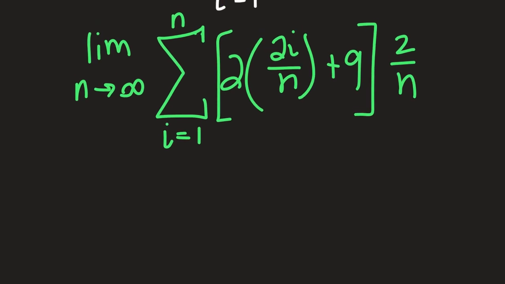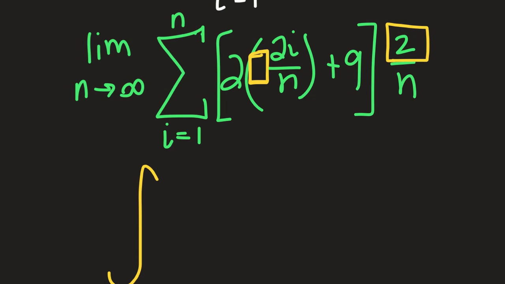This is your summation. So we need to write it as an integral. Okay, some things that we know. Our interval is 2 units long. You have a width of 2 units for your whole entire interval. So the question is, at what number does your interval start? To find that, you look for the thing in front of your i term.